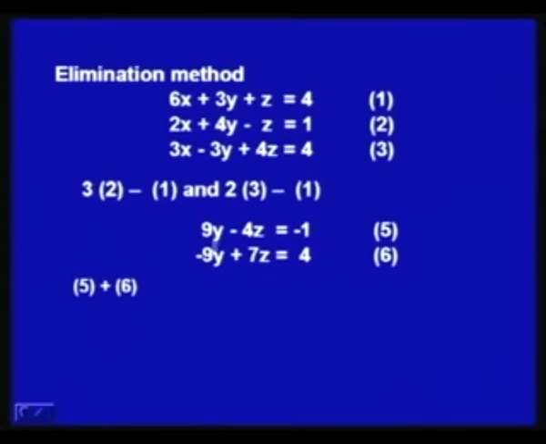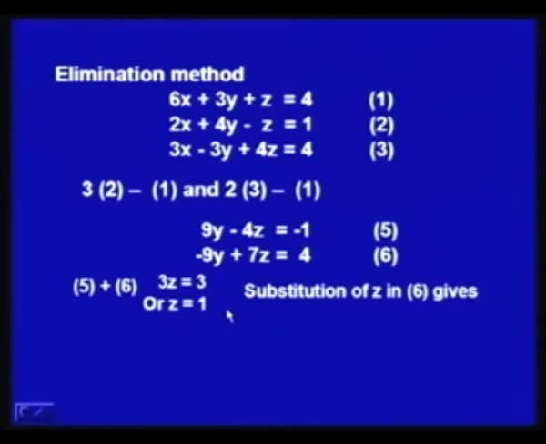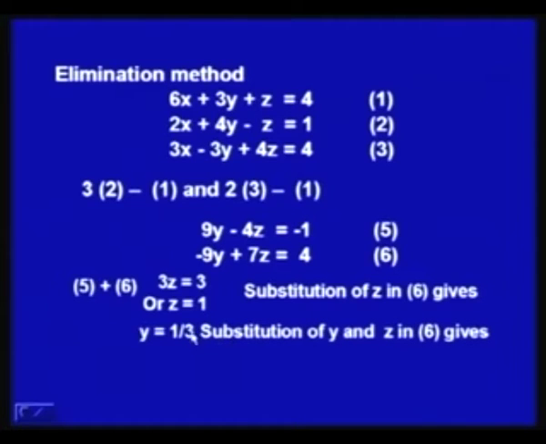Then one can add equations 5 and 6. The y will be eliminated, and what we have is 3z = 3, which gives us z = 1. Now, if you substitute z in 6, we can get y as 1 by 3, and substitution of y and z gives us x = 1 by 3.